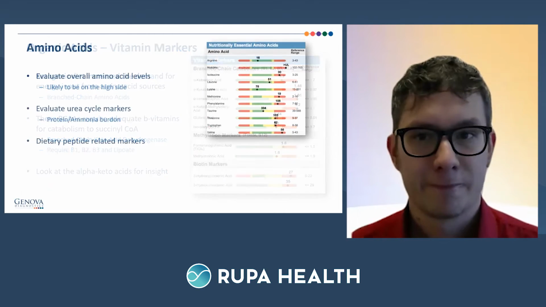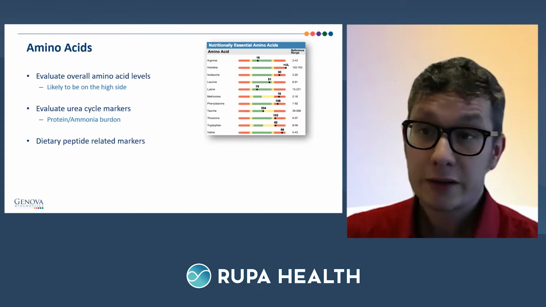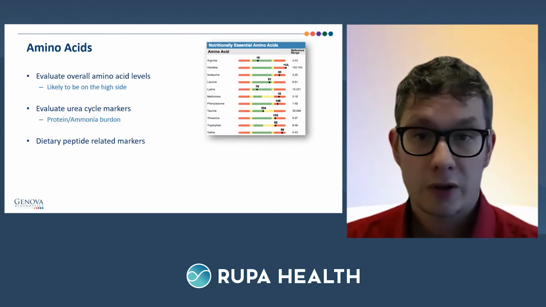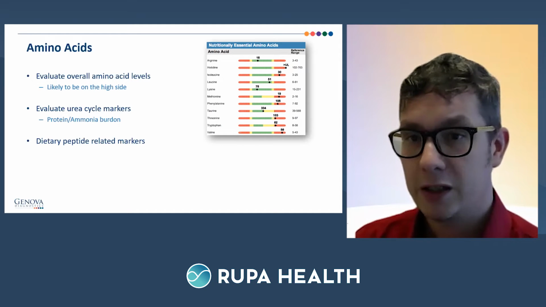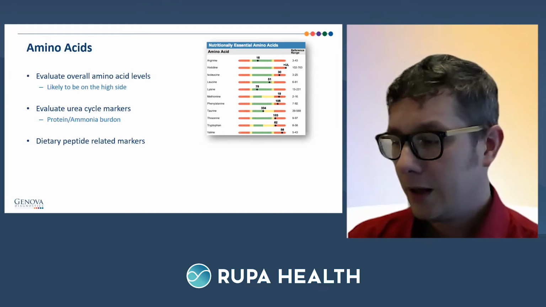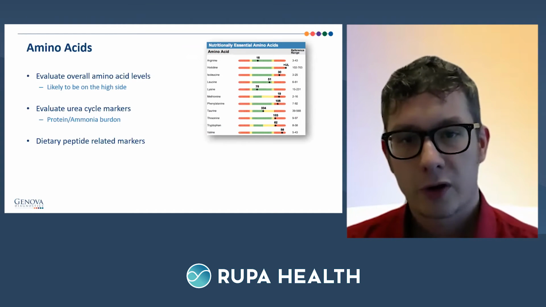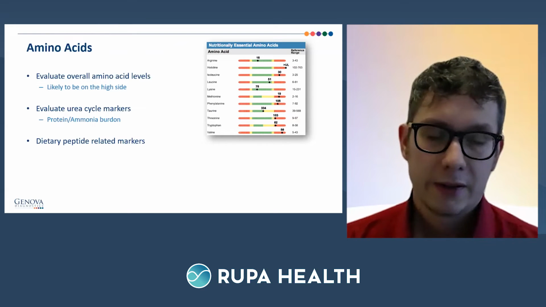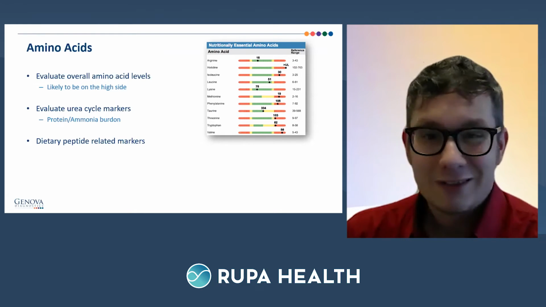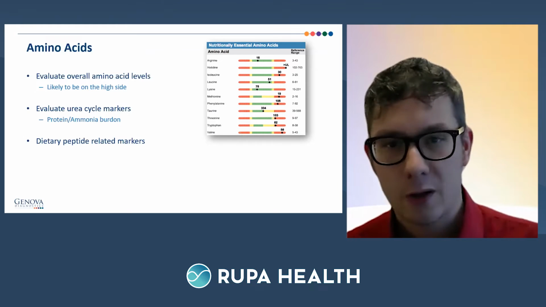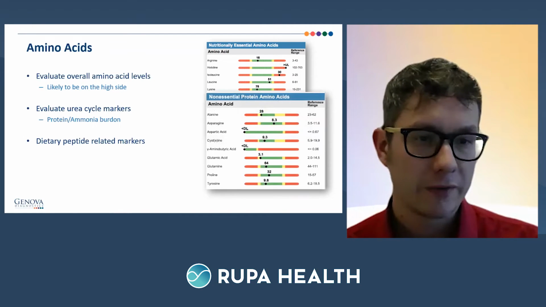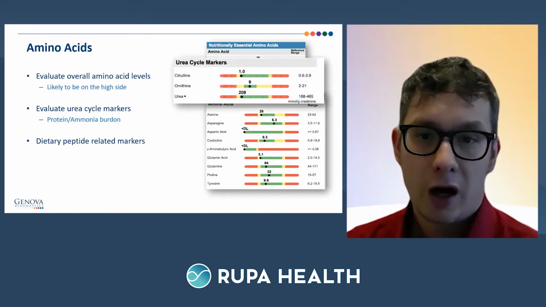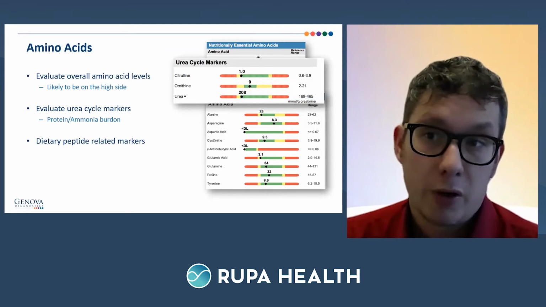There, I circled it. Amino acids are always going to be something that you want to look at and study hard, but especially in the ketogenic diet, I think it might be fairly common to see overall high levels of amino acids. Is that bad? Not necessarily. I think the only thing we need to make sure of is that these amino acids are being detoxified appropriately.